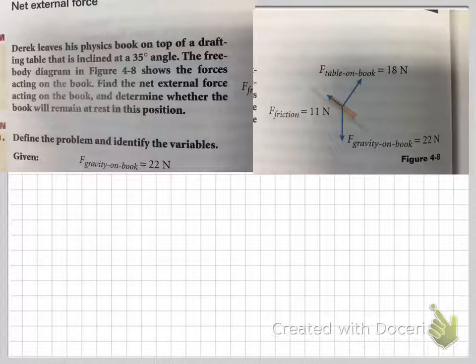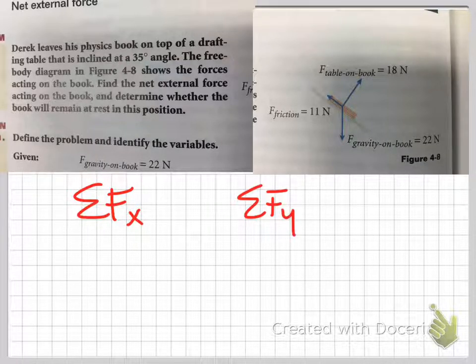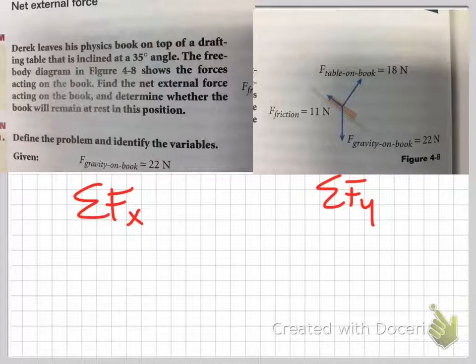We'll start doing some weird things with the x-axis in a little while, but we're not going to do that yet. So, as always, start off with sum of forces on the x, sum of forces on the y, and the sum of forces on the x is going to be... Now, here's the weird part. Well, okay, no, we're not shifting the axis yet, Moser.